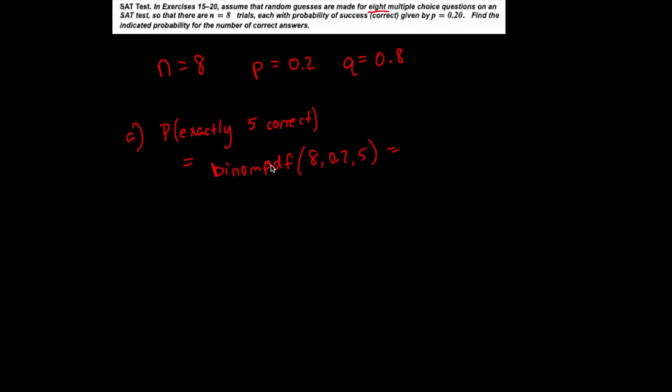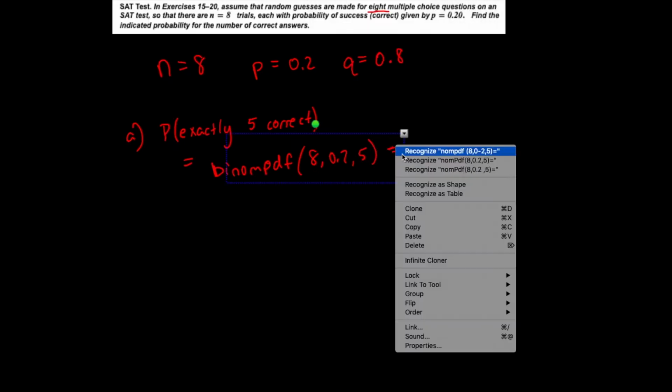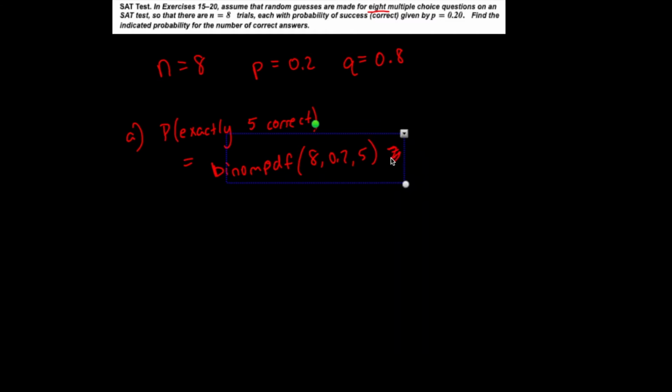So this is approximately 0.009 or 0.9%. I would say that it's highly unlikely that I go on a SAT with 8 multiple choice questions, I randomly guess, and I get exactly 5 of the 8 correct.